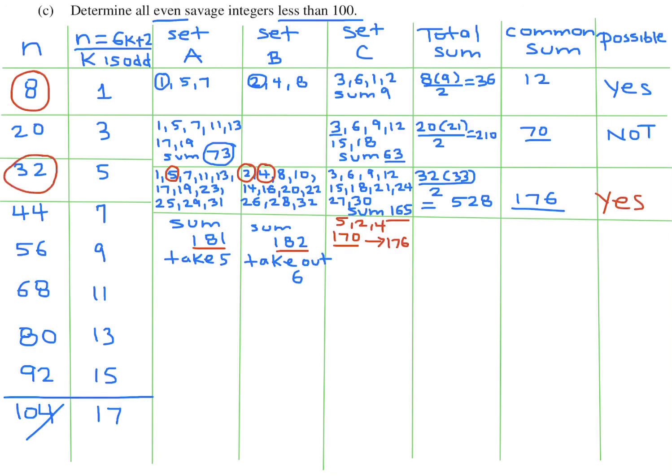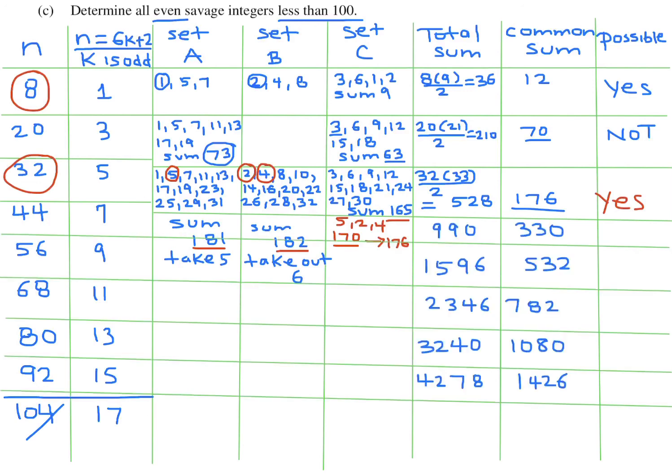And very similarly, you do the exact same process for 44, 56, 68, 80, and 92, okay? And I'll let you guys do that because I know that's the most fun that you could possibly ever have. And I'll even help you out here. I'll put in the total sums and the common sums.